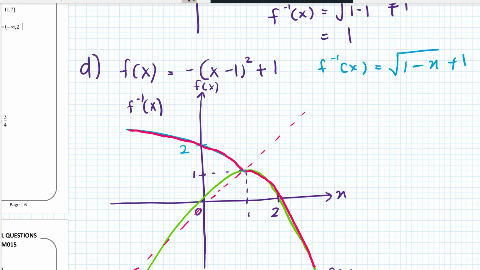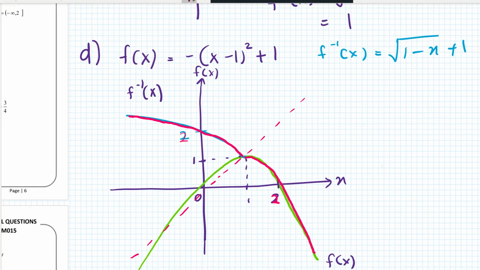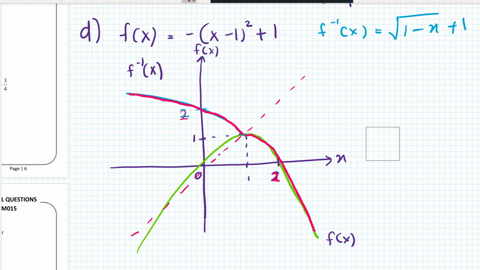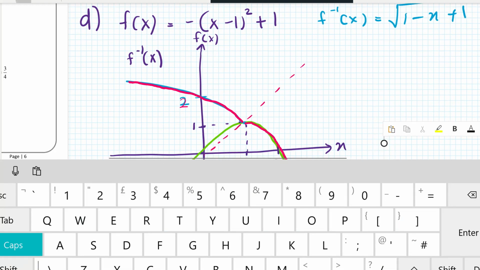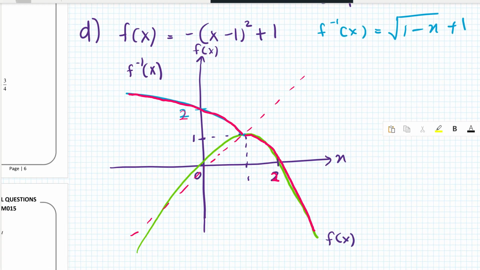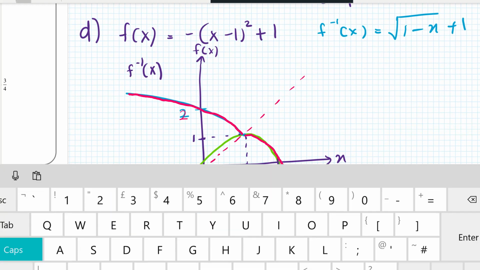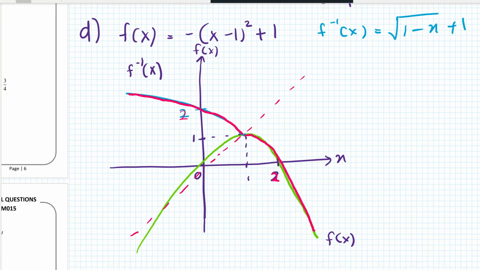So basically it will reflect x and y. This one we have 2 and we have 2. So the relationship is that they reflect at y equals x, and you just need to show the graph. I think that's all for question 4. It's quite long, you need a lot of explanation. We will see you in the next video.